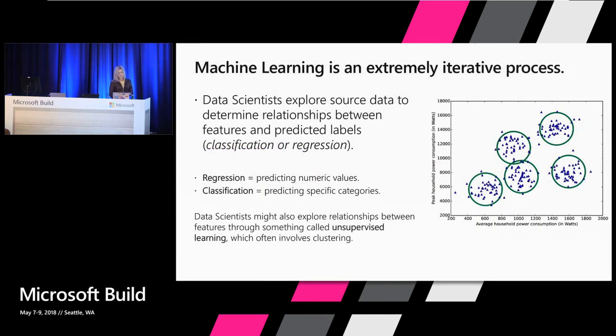So you'll start with your data scientists exploring source data and attempting to understand it, attempting to understand relationships between certain features, attempting to understand distributions and statistical anomalies in the data set. And then they'll begin to do something, either supervised learning, unsupervised learning, or semi-supervised learning.